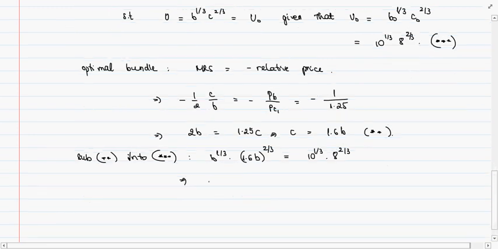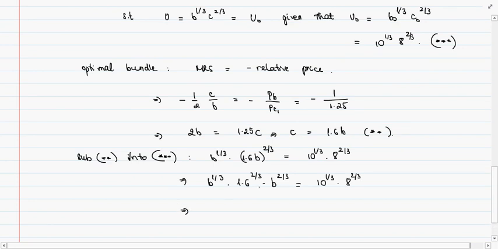Okay, so I got B to the power 1/3 times 1.6 to the power 2/3 times B to the power 2/3 equal to 10^(1/3) and 8^(2/3).